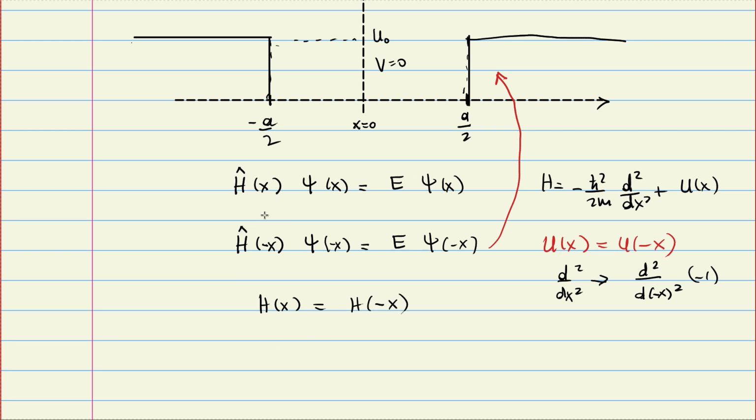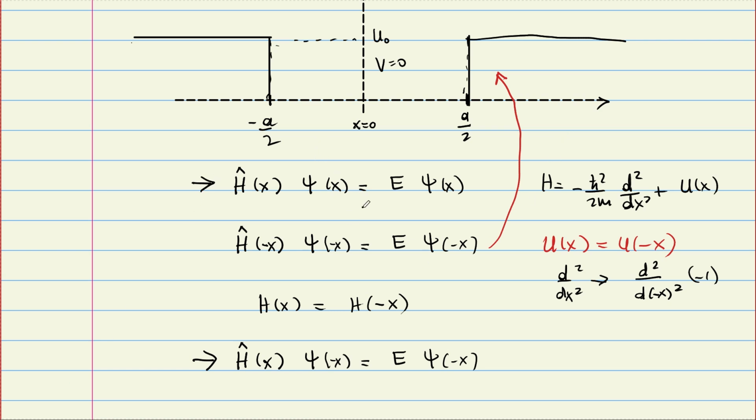Then I can take this equation and make this minus x plus x, because that's the symmetry of the problem I have. That's the property of the Hamiltonian. Now I look at this line, and I look at this line, right?